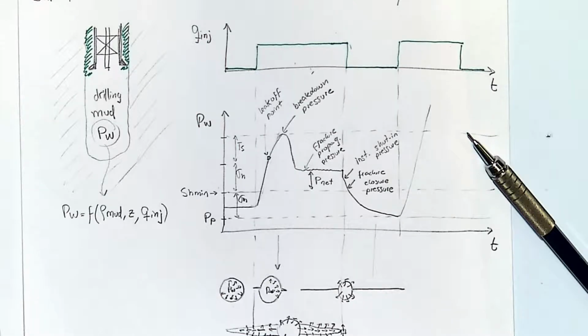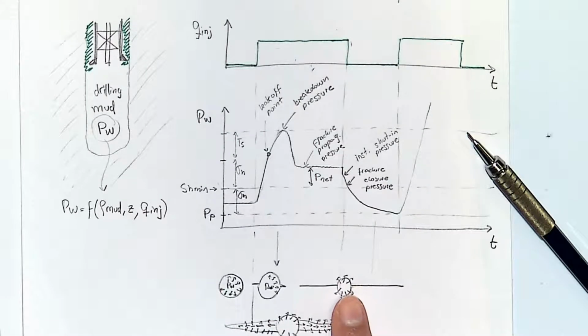But look, now you're repressurizing this fracture. So what is the difference with the case before? There is a difference. So what is the difference? Tell me how much higher the pressure can go.